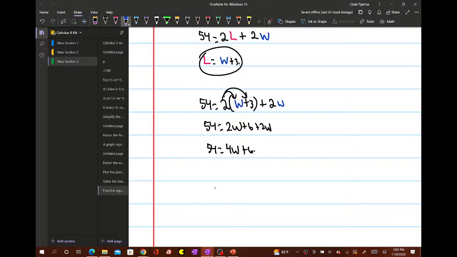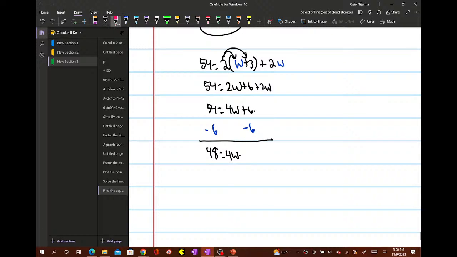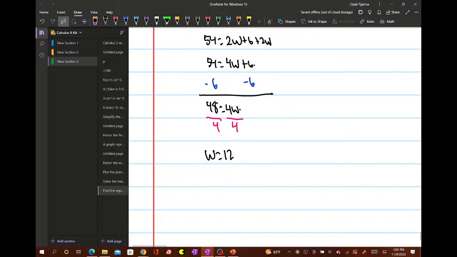And then subtracting 6 on both sides, 48 equals 4W. Now, dividing both sides by 4, W equals, I think it would be 12, right? 12.